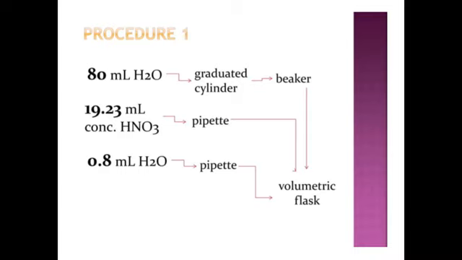By the time you have done this, of course you can mix them together to have an even distribution, and then to complete it, you just use a pipette to measure the 0.8 so that you can reach the mark on the volumetric flask.